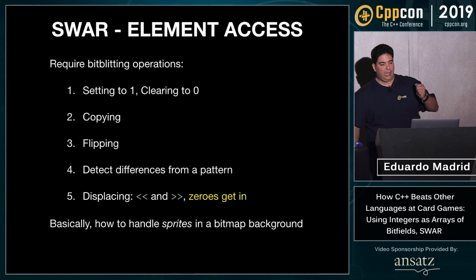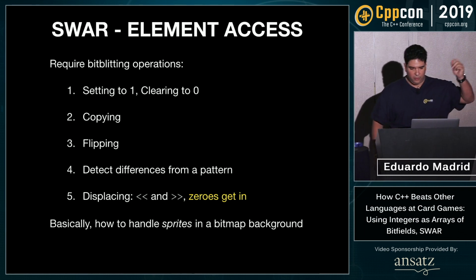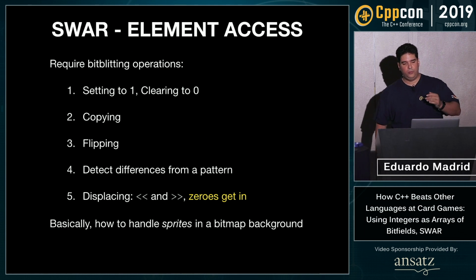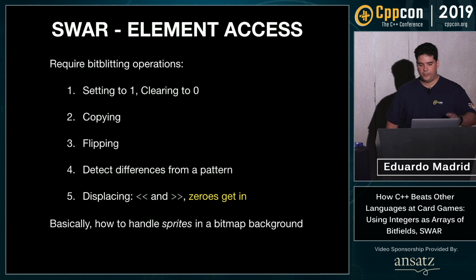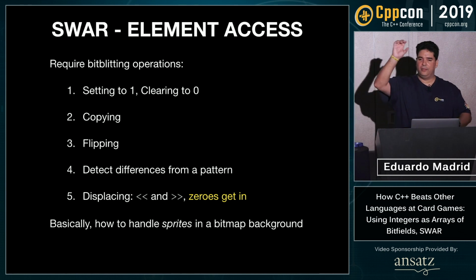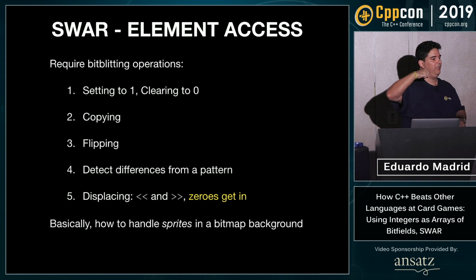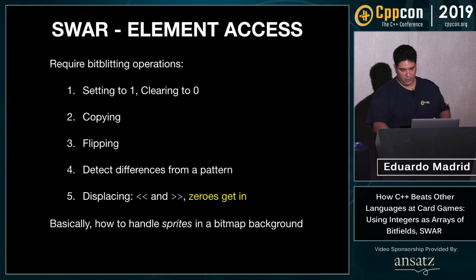Okay, now let's go back. The second thing that we need toward the three of a kind is to have element access. Unfortunately, because we don't have true access to the elements, we have to recover the techniques of bit splitting, and I have to go over them, okay?